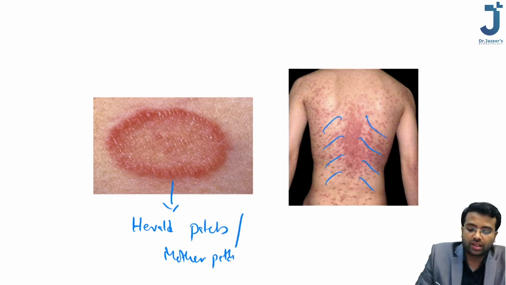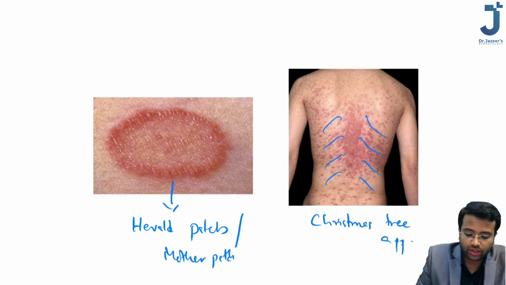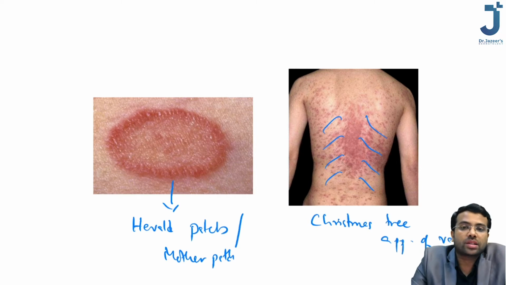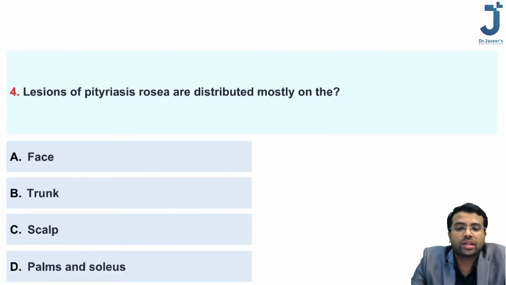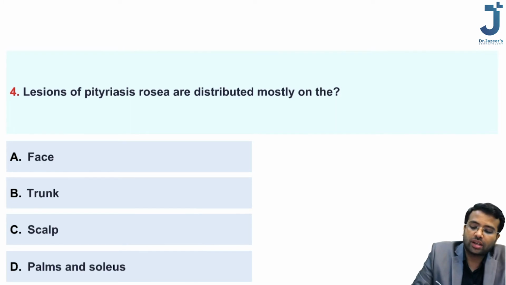Hence this is called a Christmas tree appearance of the rash. As you can see in this image, where are the lesions present? The lesions are present over the trunk. In the options for pityriasis rosea, they mentioned the face, the trunk, the scalp and the palms and soles. So the right answer here would be the trunk.